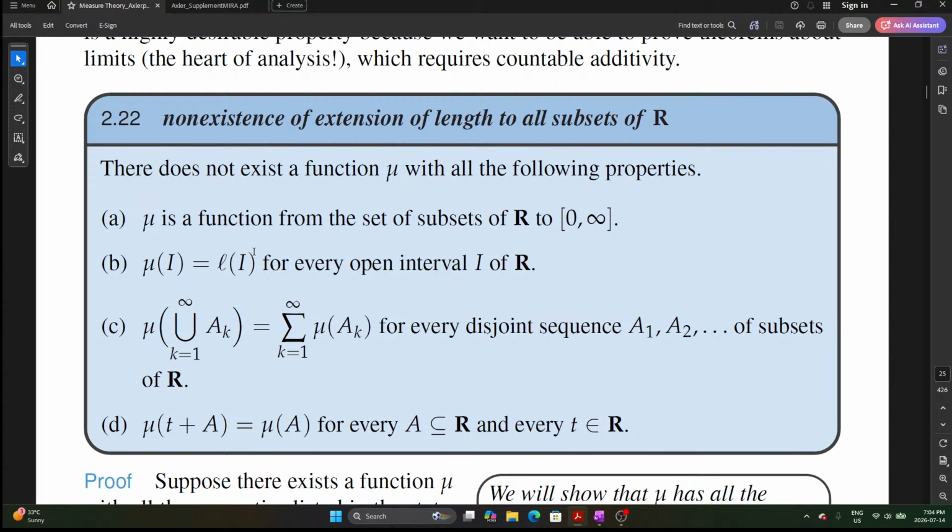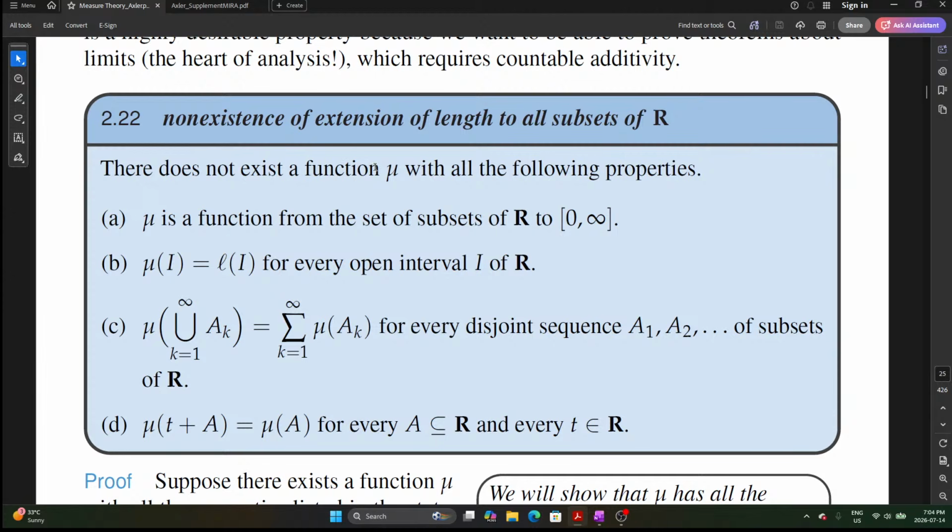And it turns out that this isn't just a feature special to outer measure. In a sense, the ideal notion of size simply does not exist. And here's that result: the non-existence of extension of length to all subsets of real. So let's look at these desirable properties.